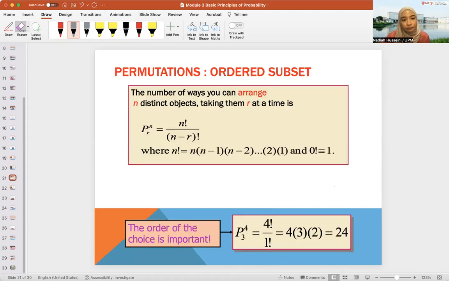So the first one, permutations, ordered subset. The basketball example that we saw earlier is an ordered subset. I want to select a subset of 5, but I also care about the roles that my subset gets. So the number of ways you can arrange n distinct objects, taking them r at a time, we denote as permutation: n distinct individuals, choose r.